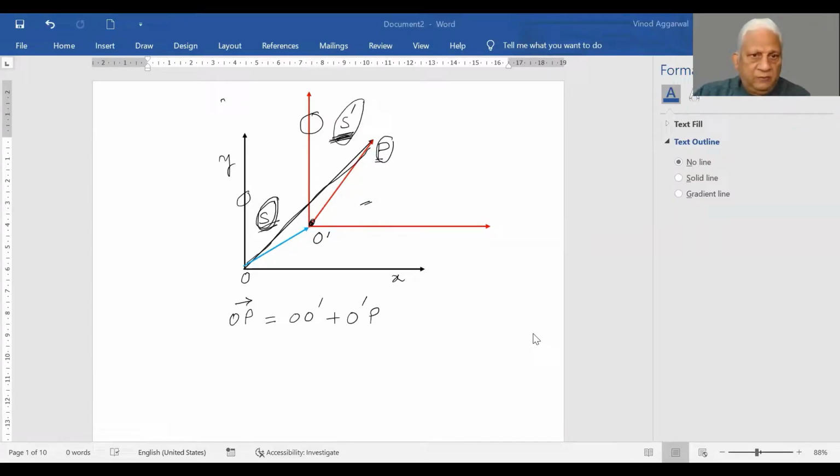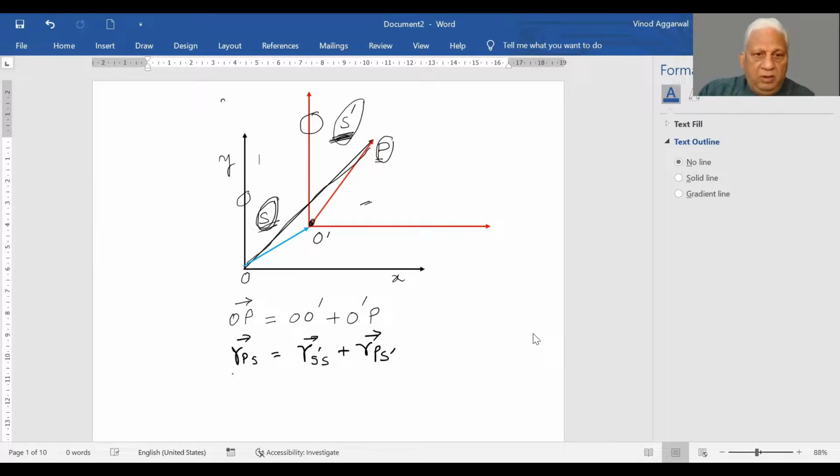Or in terms of position vector, we can also write: position vector of P with respect to S is equal to position vector of S dash with respect to S plus position vector of P with respect to S dash, right?